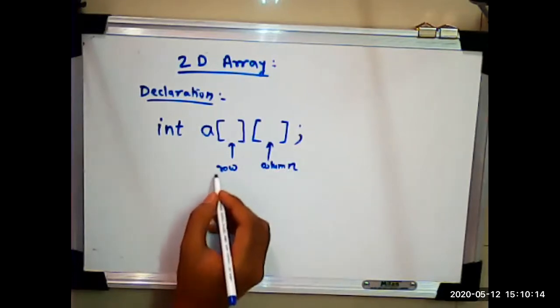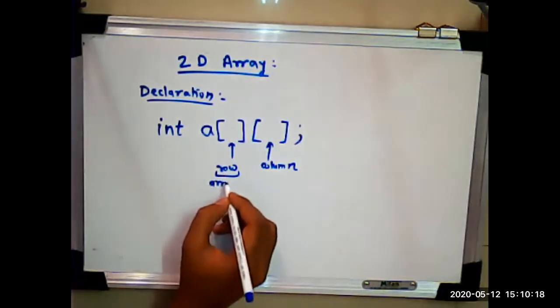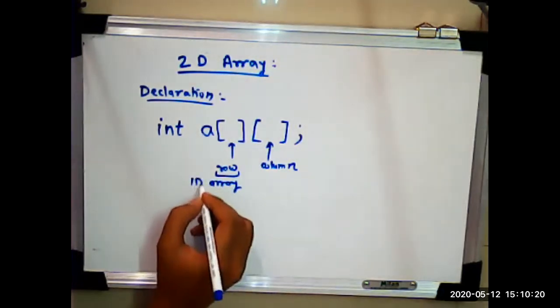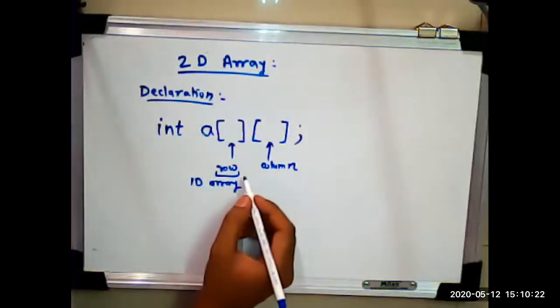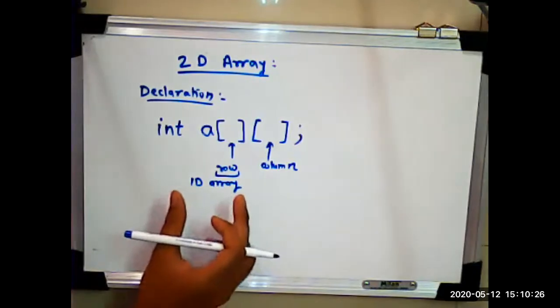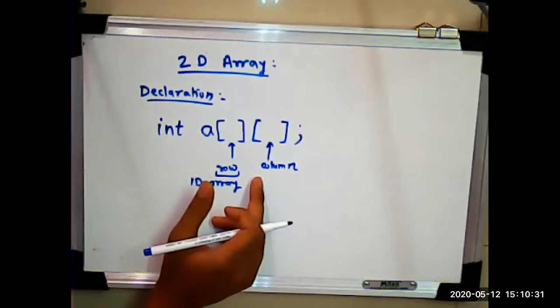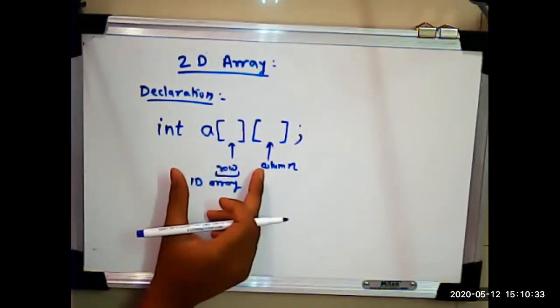The rows represent how many one-dimensional arrays are present in your two-dimensional array. So you can say that the two-dimensional array is an array of one-dimensional arrays. The first dimension represents how many one-dimensional arrays it contains.